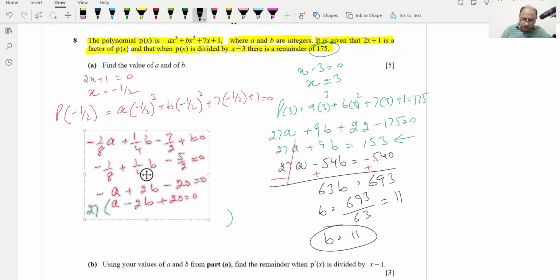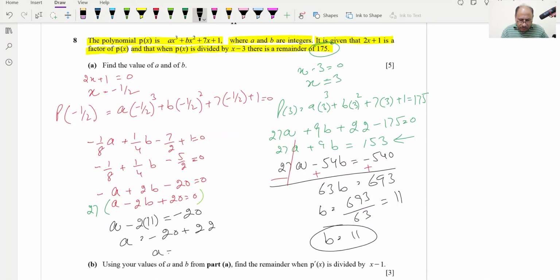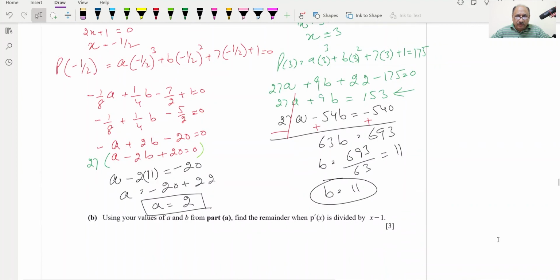So in a minus 2 into 11, equal to minus 20, a will be equal to minus 20 plus 22, so a is equal to 2. This will be our final answer for the a and b values which we were supposed to find. We have done this one.